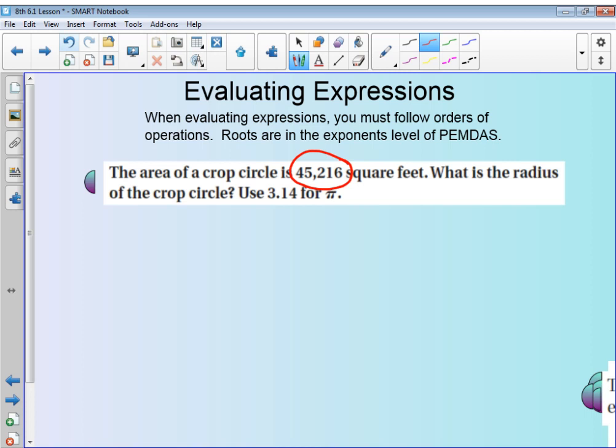So to find your area, it's area equals pi r squared. So you're going to substitute in this where area is, this where your pi is, and then solve to get r by itself. Remember, you want to get it to just be r, not r squared. So you're going to have to do that square root in your final step. So go ahead, pause your video and work through this one.